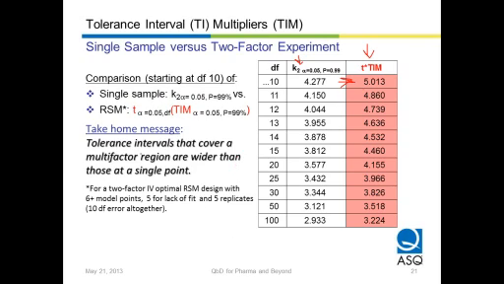So that adds even more requirement for a bigger experiment. The tolerance intervals that cover a multi-factor region are wider than those at a single point. Hopefully that is intuitive, but exactly how much you can calculate.